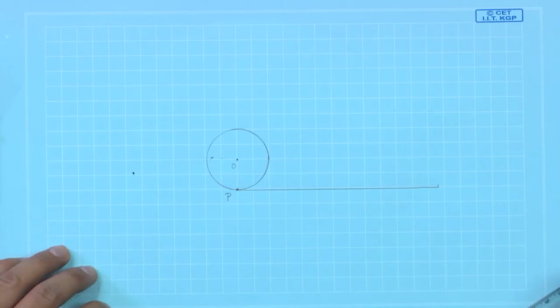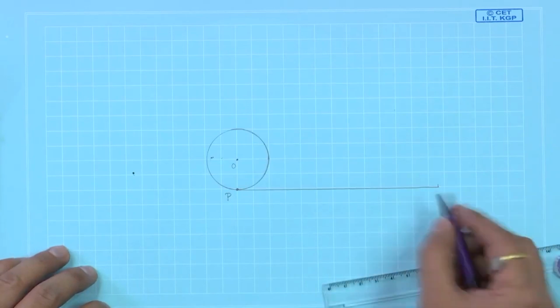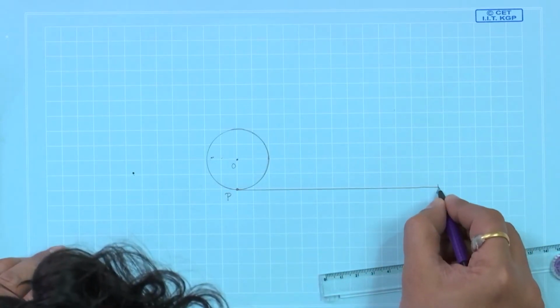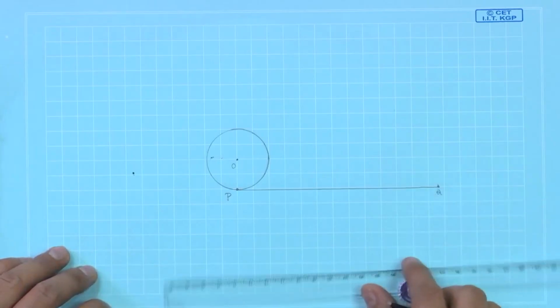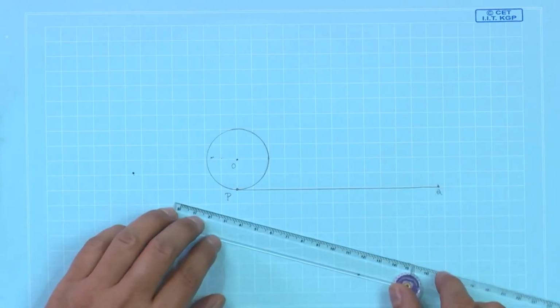Now, divide this entire line, which we call the PQ line, into 12 equal parts.